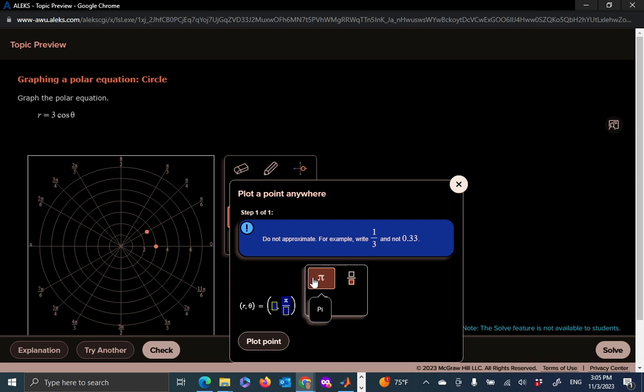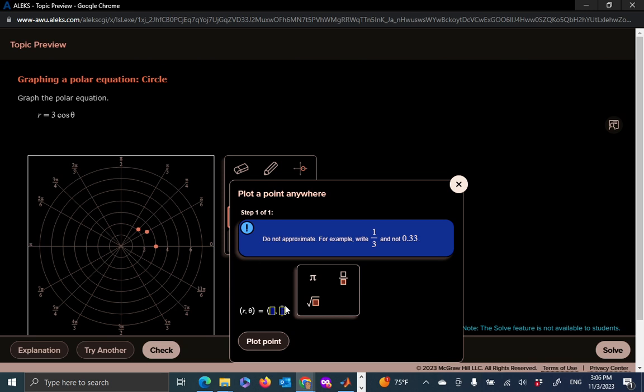Pi over 4, the cosine of that is radical 2 over 2, times 3, so 3 radical 2 divided by 2, and that's going to be another point. So we went on the ray with the angle pi over 4 and landed at this spot.